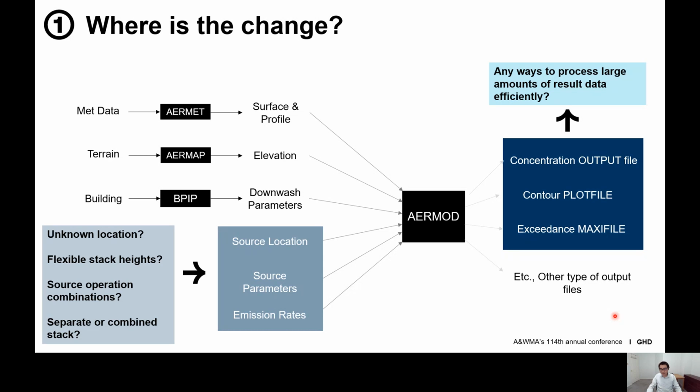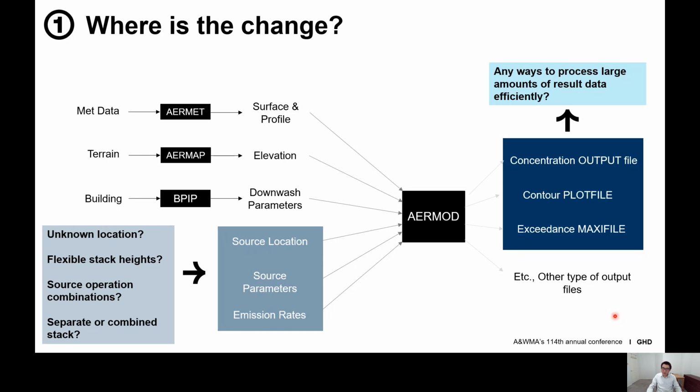On the back end, we will have the AERMOD run and get our output file, or sometimes summary files, and we have contour plot files and exceedance maxi files. Of course, there are also other types of files we will be getting from AERMOD.